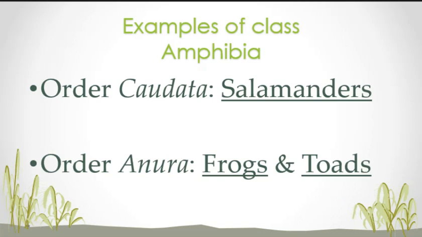There are 3 orders. Those are just examples of amphibia. We'll have reptiles in a minute. But Caudata are the salamanders, and the Anura are the frogs and toads.